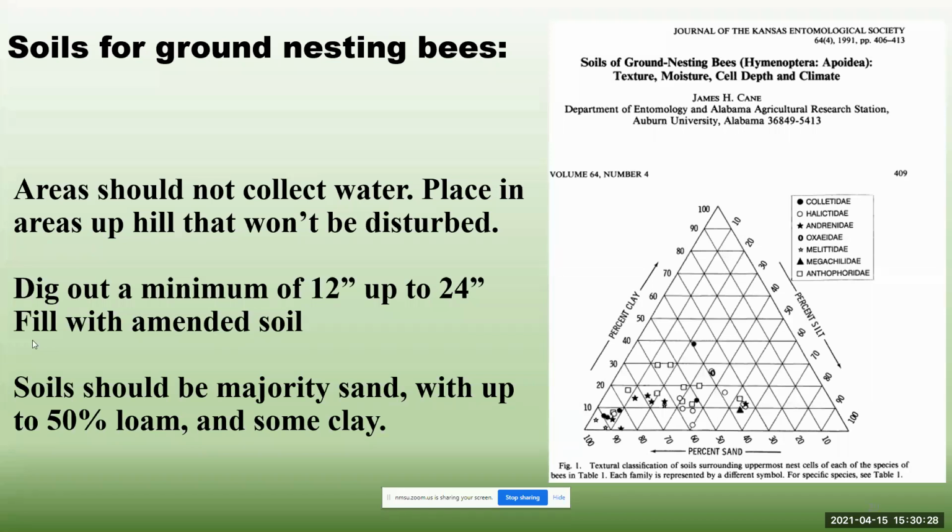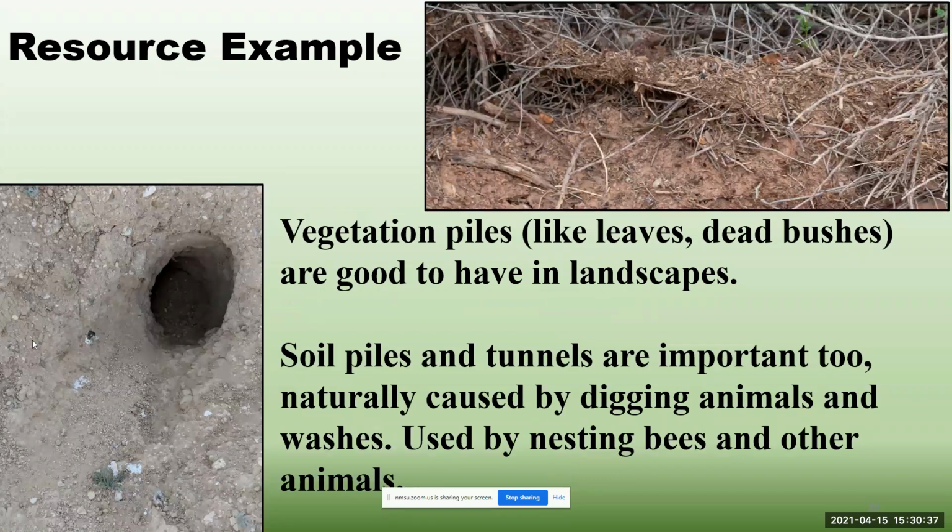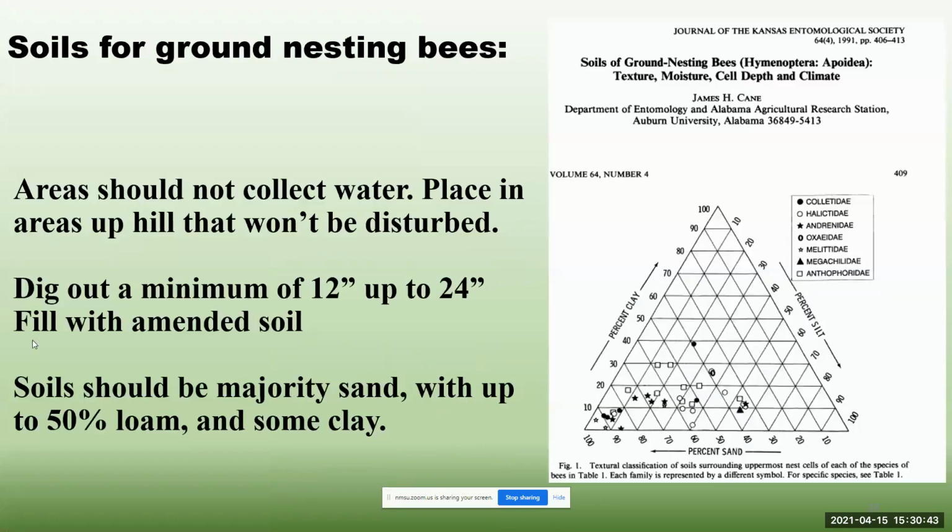We haven't really done a lot of research to know how best to improve soils for ground nesting bees. But as I was just saying, with the mesopredators being removed and the fresh soil, those areas in our gardens have been removed. We know that. And if we look at what information we do have about soil nesting bees, Jim Cane produced this paper in 1991. Ignore the family names here.